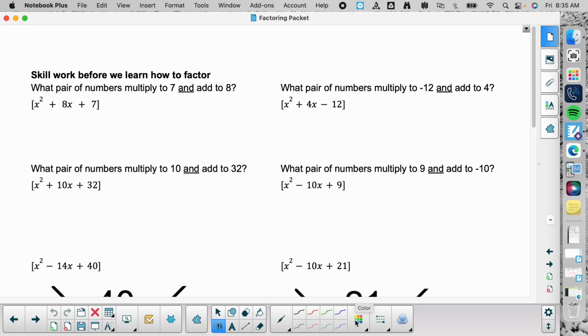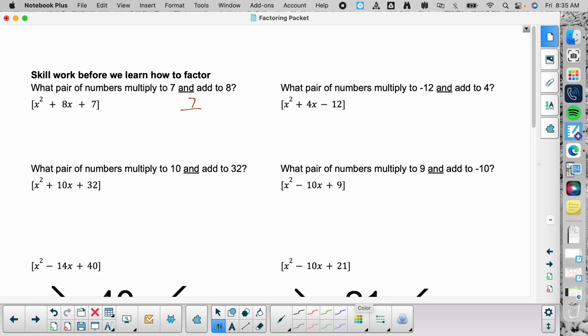So the first one in the upper corner says, what two numbers multiply to 7 and add to 8? And I'm pretty sure most everybody in their head can figure out it's 7 and 1. And that's because, if you need to, you're going to write down the choices of multiplication to get 7.